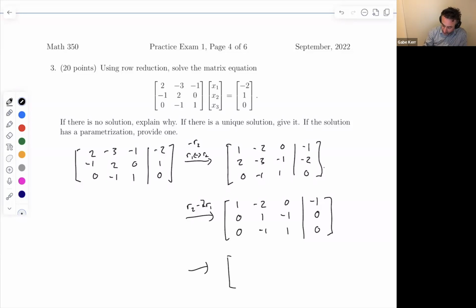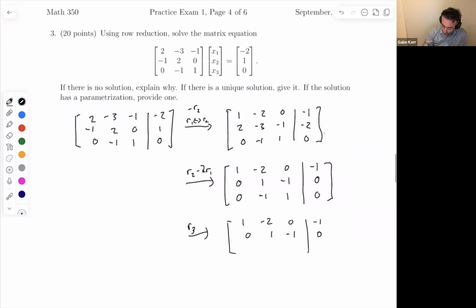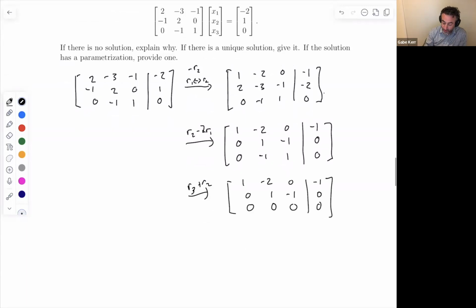So we can already see some issues here. 1, -2, 0, -1, 0, 1, -1, 0. And here, I'm adding R3 plus R2. So, what do you guys think? Actually, this is okay. What should I do here? I guess I'm not completely done.